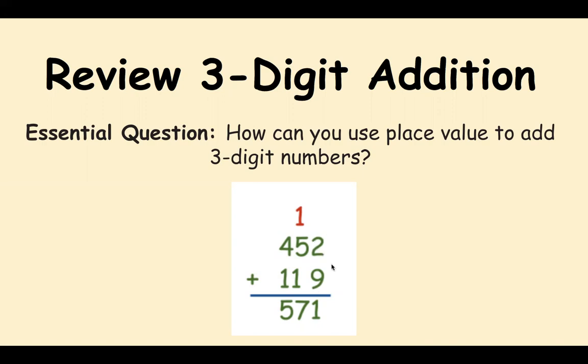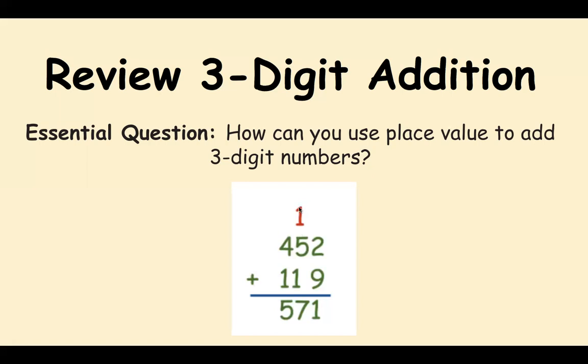So 11 does not fit in the ones place by itself. We can't fit 2 digits in one place. So what we do is we put down the 1 that's in the ones place of 11, and we carry over the 10 into the tens place. So now I can add my tens nicely to the other tens. So we wrote down 1, carried the other 1 for the number 11.